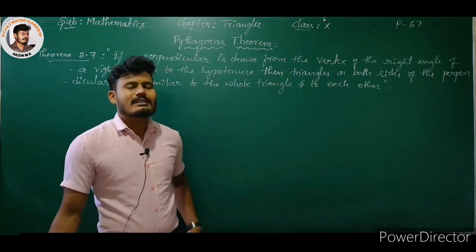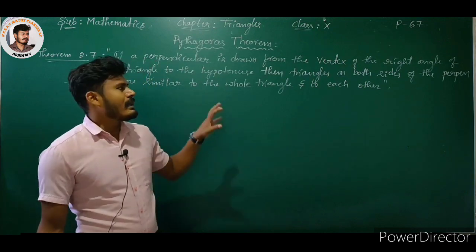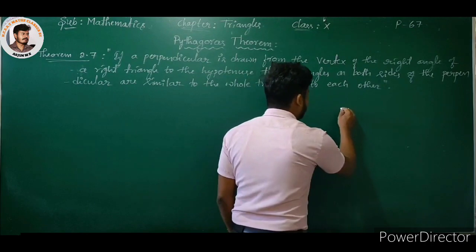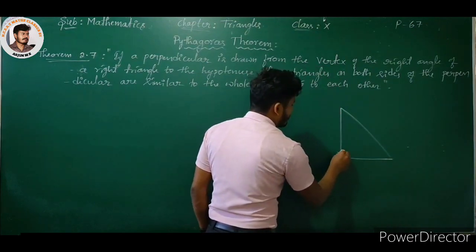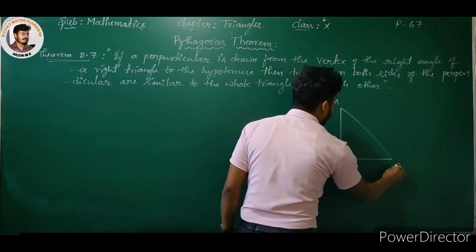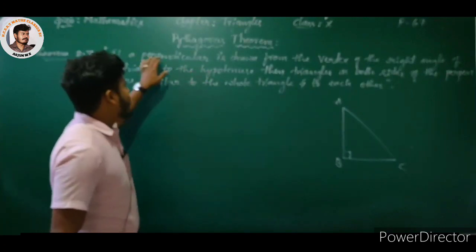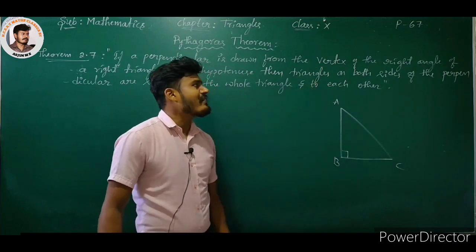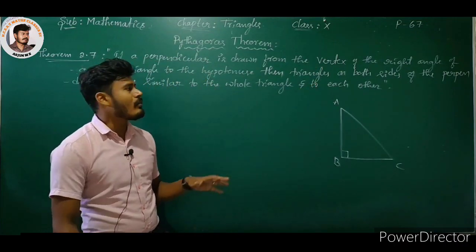In this statement, we are given a right angle triangle. You just draw a right angle triangle here. A perpendicular is drawn from the vertex of the right angle of the right triangle.